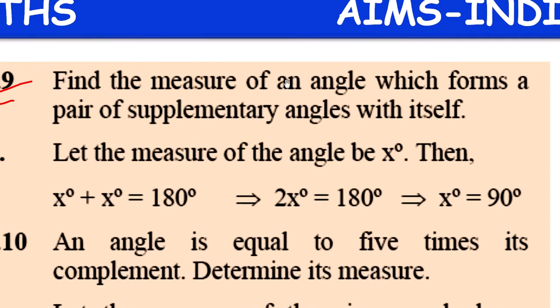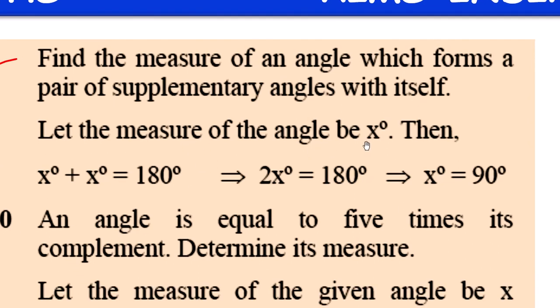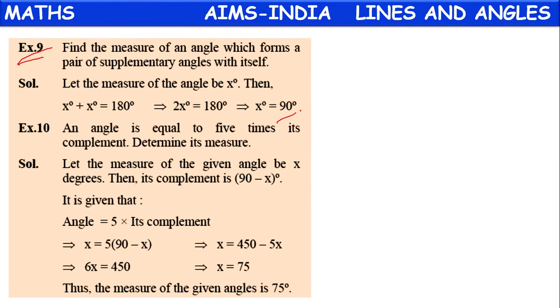Here, the angle forms a pair of supplementary angles with itself, which means if one angle is x, the other angle is also x. So x plus x equals 180, 2x equals 180, so x equals 90.